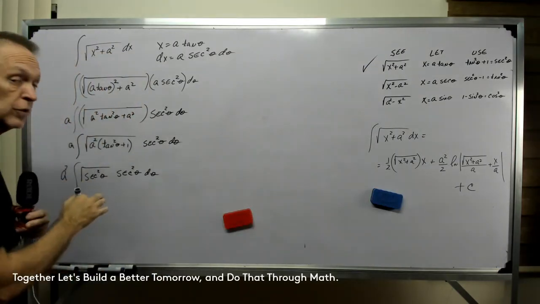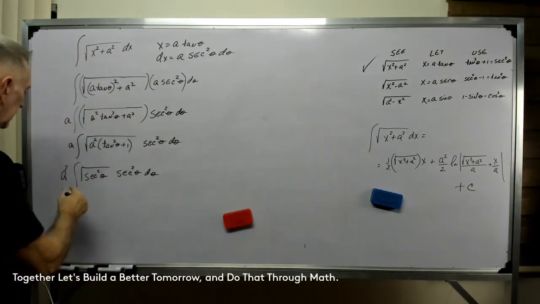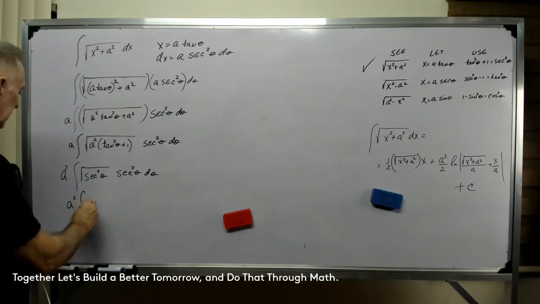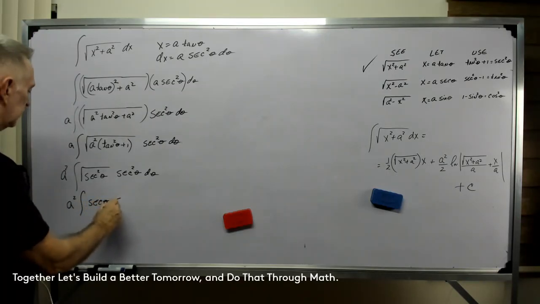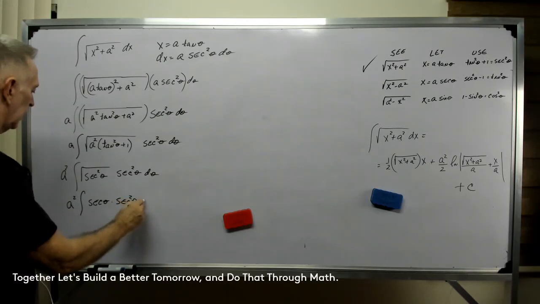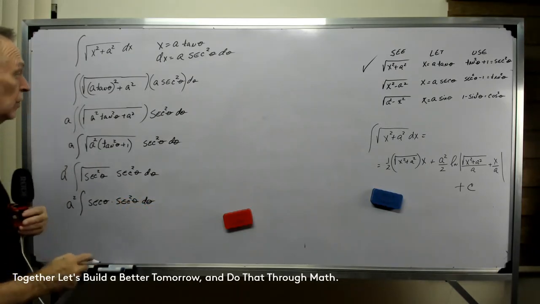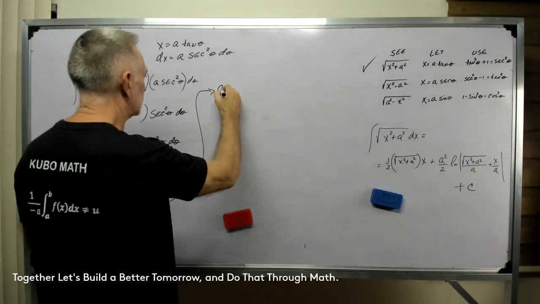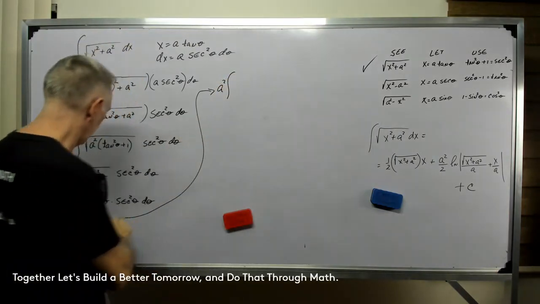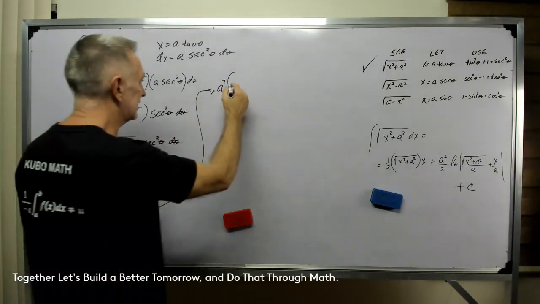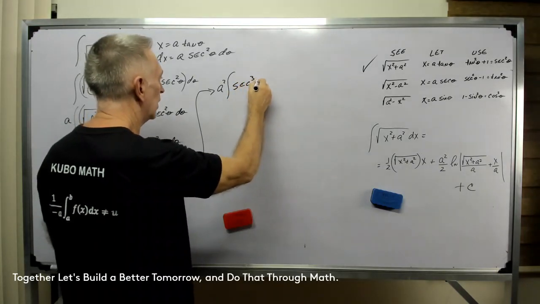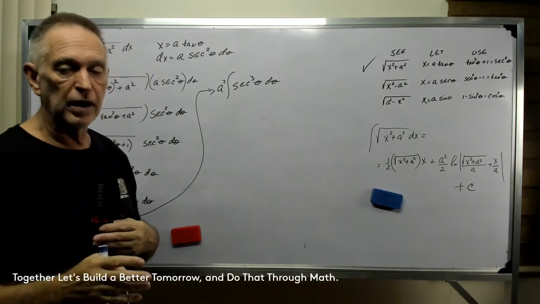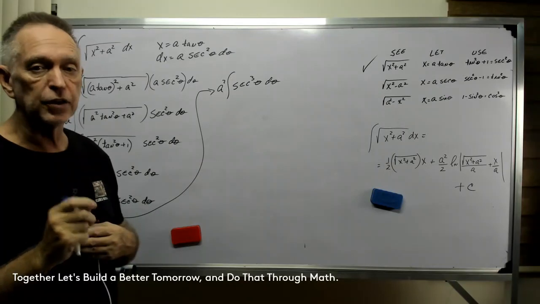Now, the square root of secant squared is secant. So now I have a squared, the integral of secant theta times secant squared theta d theta. Let me rewrite this up here: a squared, secant theta times secant squared is secant cubed d theta. Now just a few videos ago we had a video just on secant cubed.